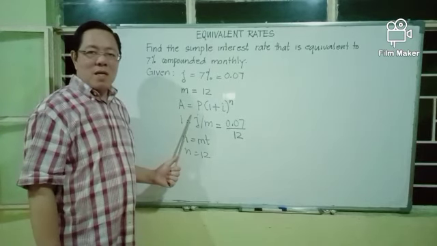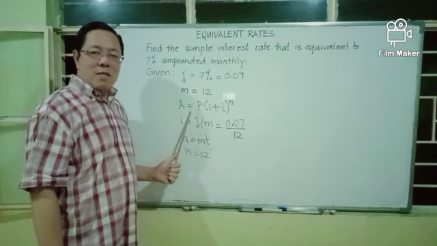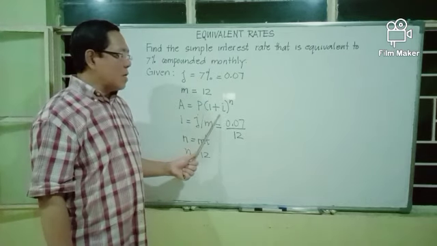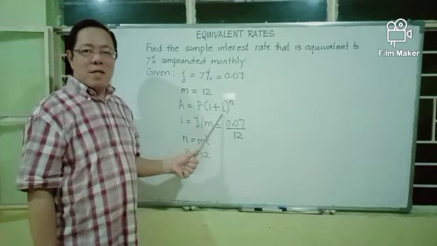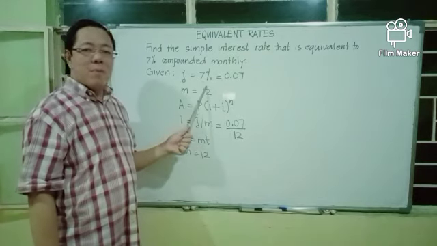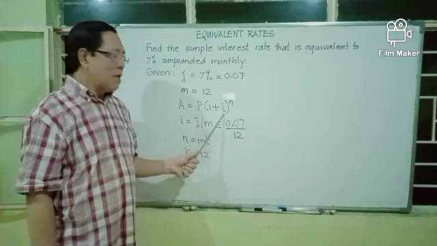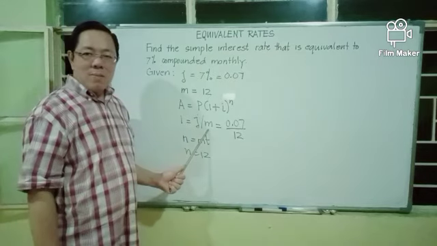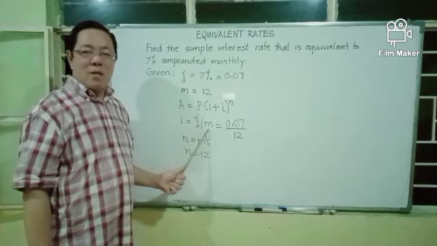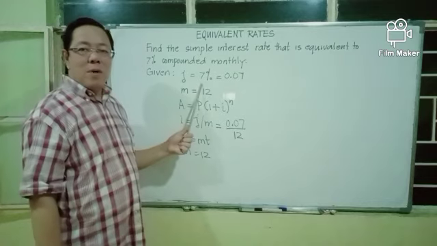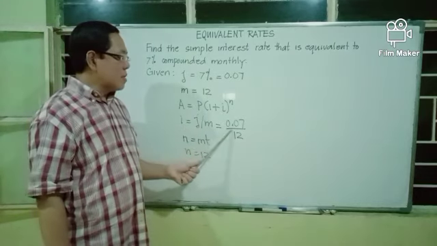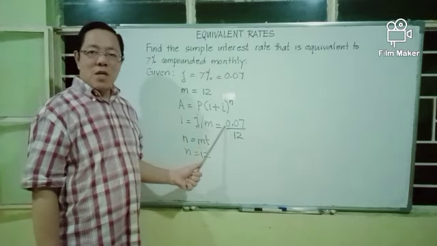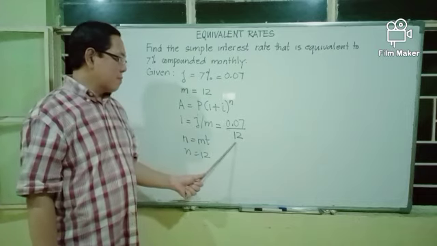Accumulated value is denoted by capital A, and at compound interest rate, it is equal to P, the principal, times quantity 1 plus I to the power N, where I is the interest rate per period. In this example, I is the interest rate per month, computed by dividing J, the interest rate per year, by the number of interest computations in 1 year. Here J is 0.07, compounded monthly, M is 12, so we divide J by M.